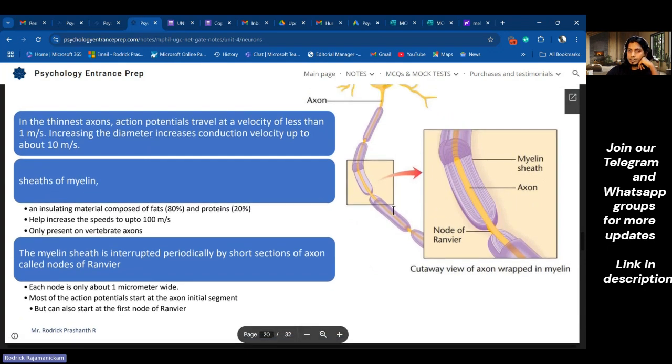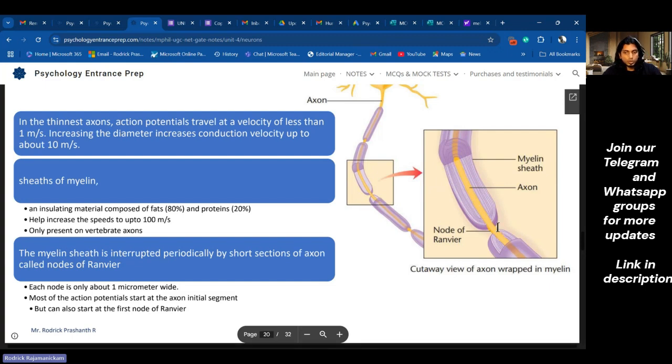So you can see the myelin sheath basically covers most of the surface of the axon. What happens is the sodium channels are only present at these nodes, which are called the nodes of Ranvier. So sodium rushes in and potassium goes out in bulk there. And from there to the next node, they transfer very quickly, like EPSPs or IPSPs.